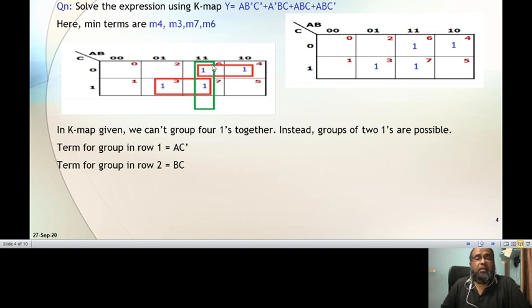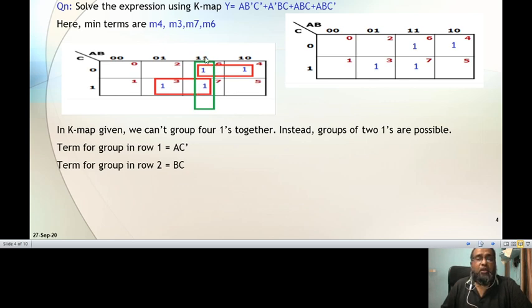Then here there are 2 ones again adjacent, in the third column, 1, 1. The cells 6 and 7 are adjacent to each other, but actually we don't want to take that. The reason is that we have already included all the ones in the existing groups.